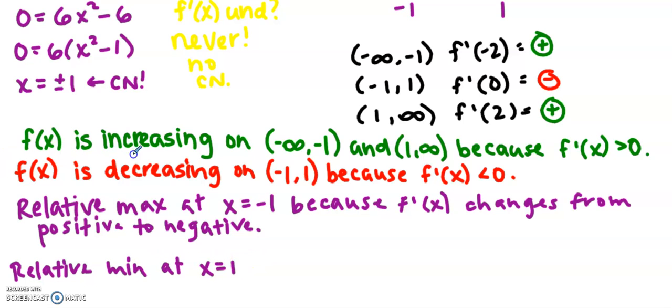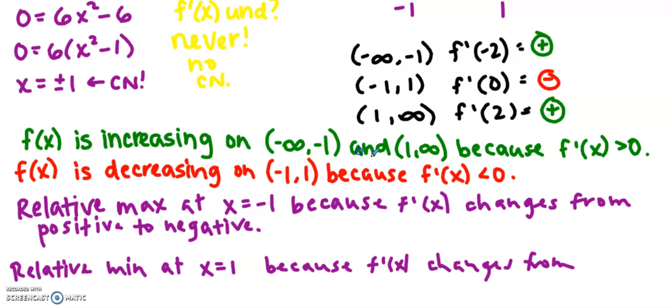This time it'll be because f prime of x changes from negative to positive. My pen is starting to lag here. Right, so we were walking down a hill until 1. Then we started walking up a hill, so we got to a low point, a minimum on our graph.